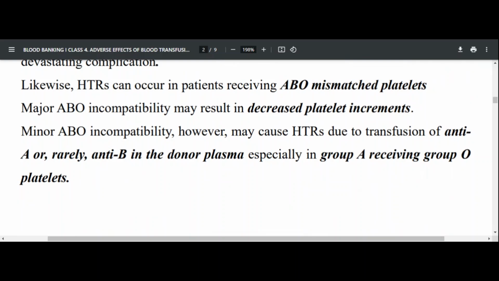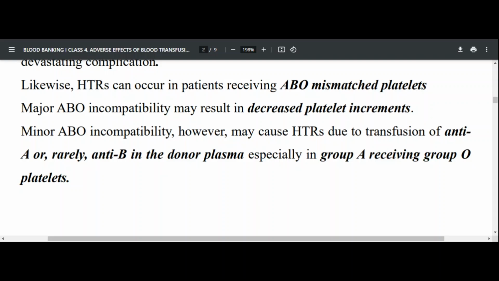As you remember, platelets contain some plasma. When we are preparing random donor platelets, you have to pool at least 25 milliliters of plasma in that bag, right?